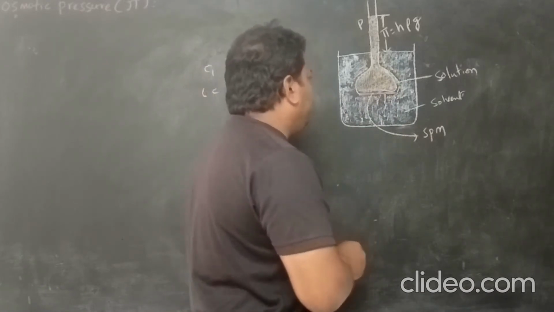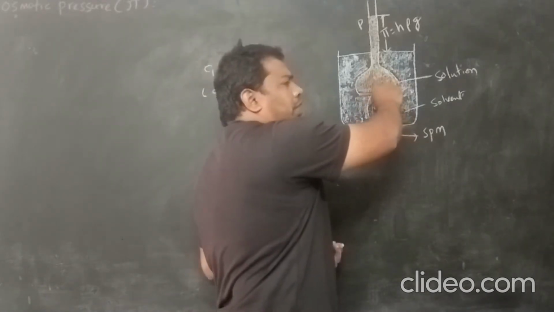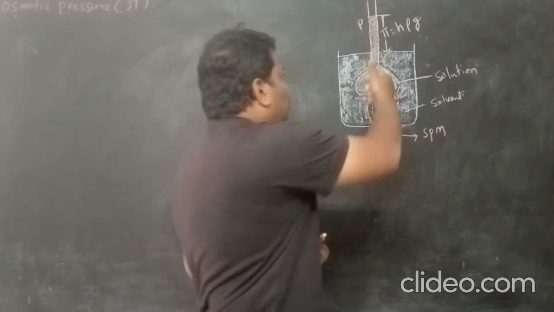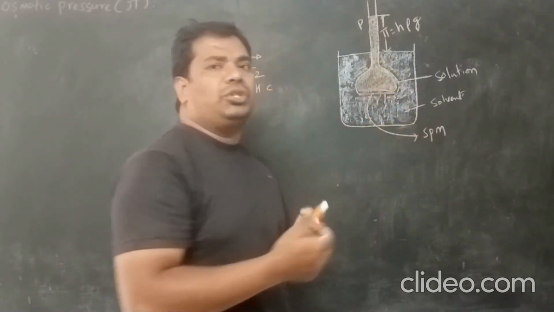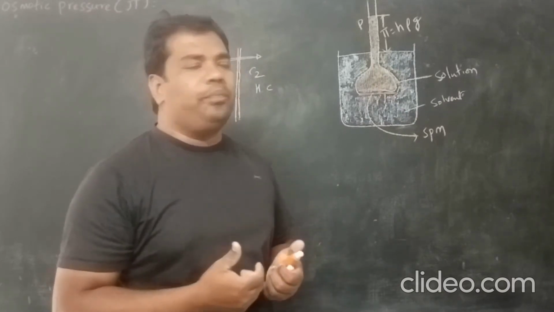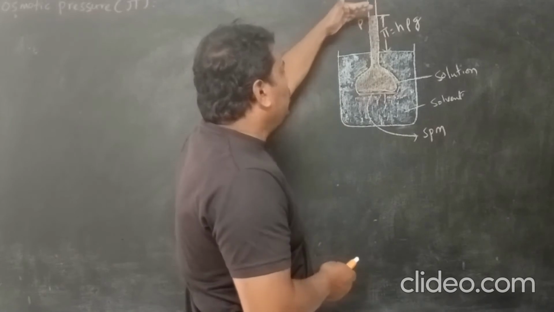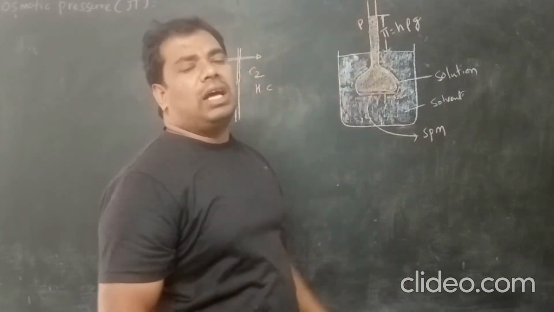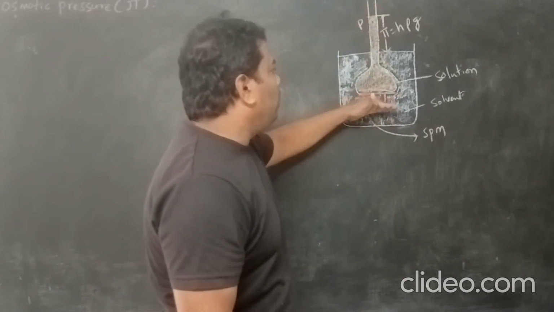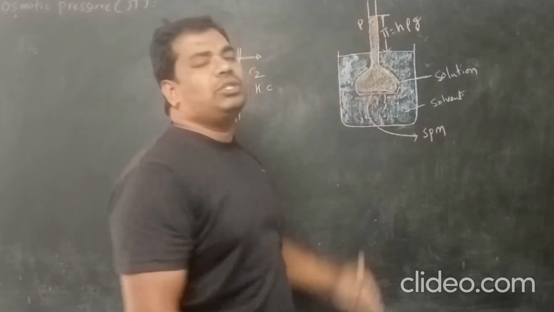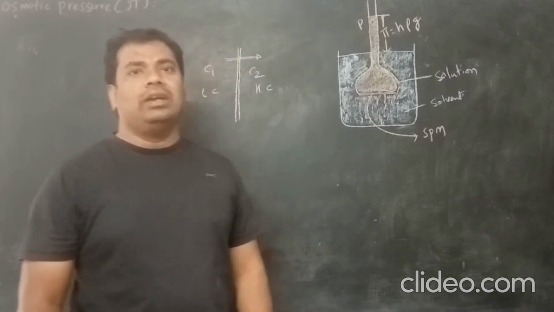Okay, clear, students? When the two concentrations of the solutions reach equilibrium, then we apply some amount of pressure to stop the flow of solvent molecules from one solution to another solution. The pressure we apply is known as osmotic pressure. Clear, student?